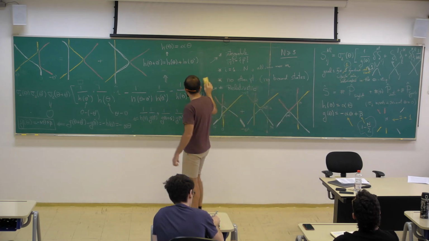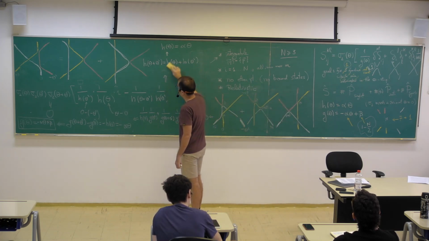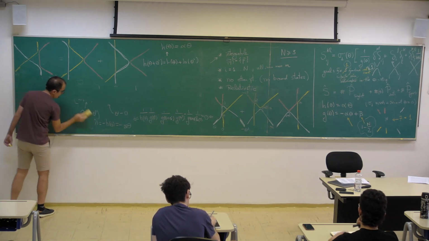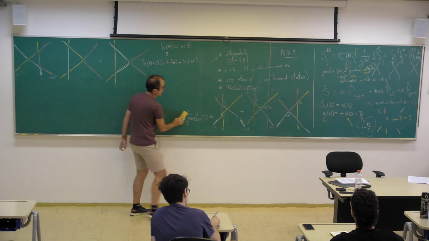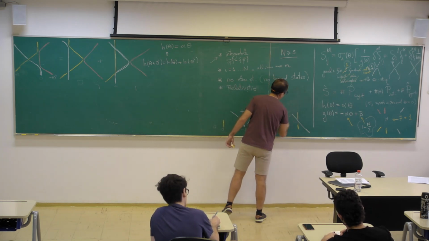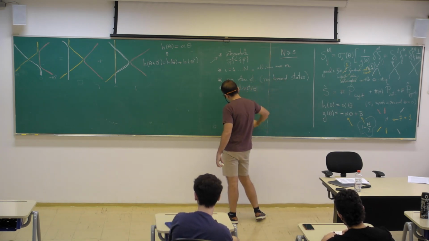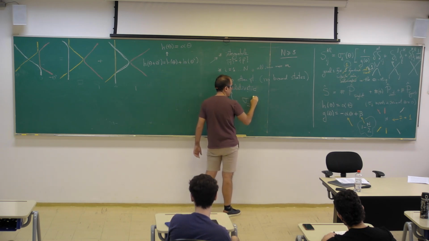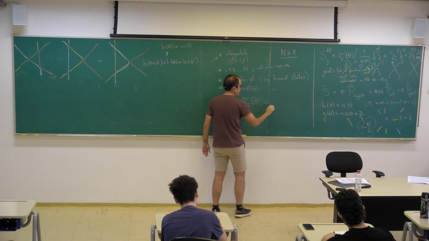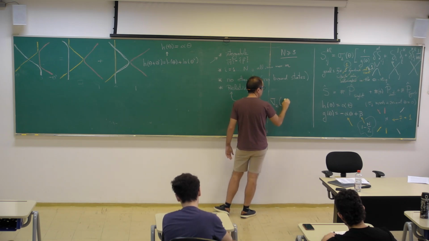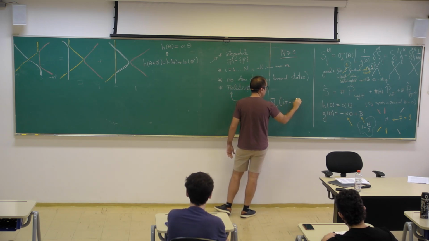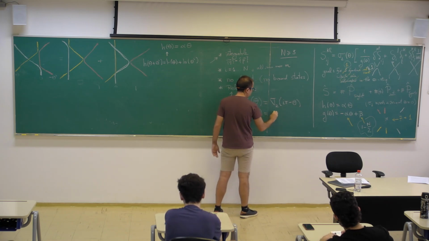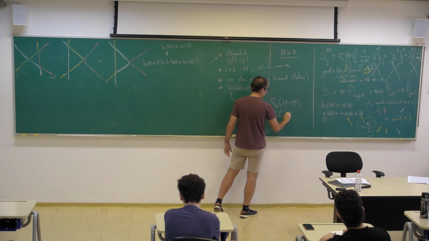Relativistic invariance tells me that sigma 2 of theta is equal to sigma 2 of i pi minus theta, and sigma 1 of theta is equal to sigma 3 of i pi minus theta.